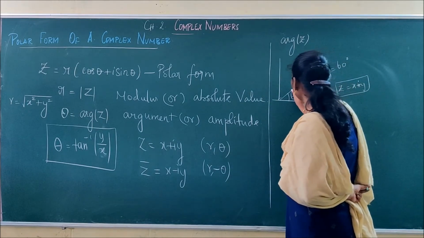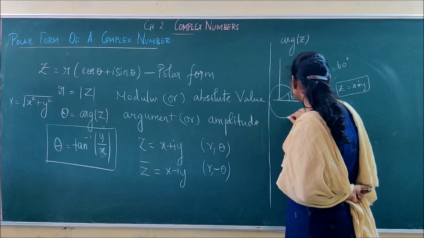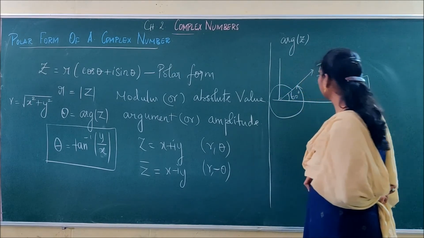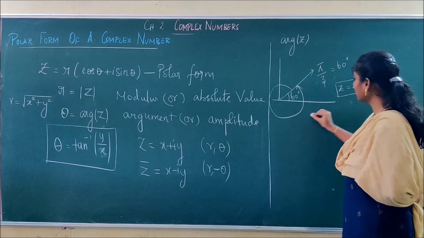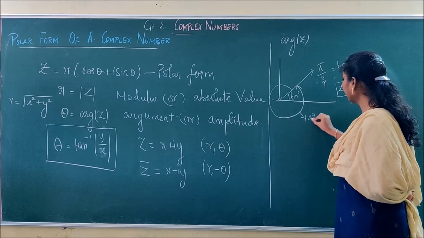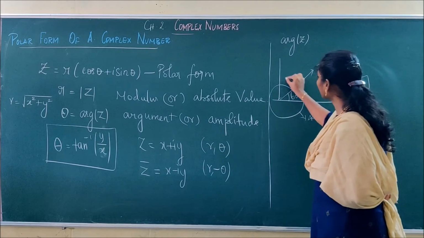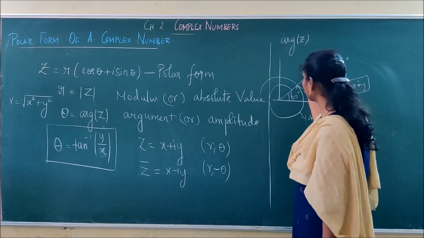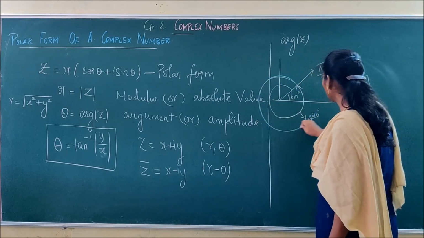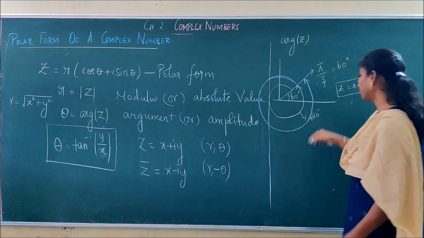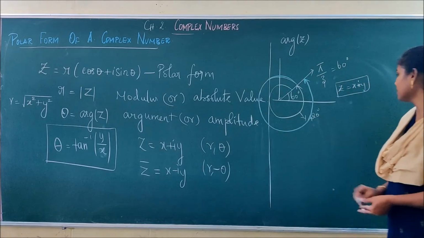For example, I am rotating this complex number by 360 degree. Again I am getting an angle of 60 degree, which is nothing but 420 degree, right? And again this is rotated by 360 degree, and plus 360 is nothing but 780 degree.